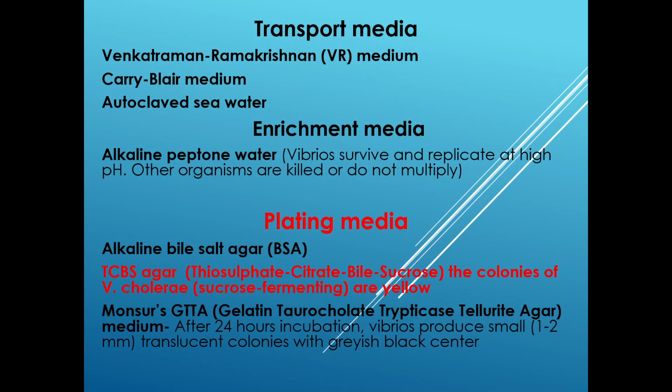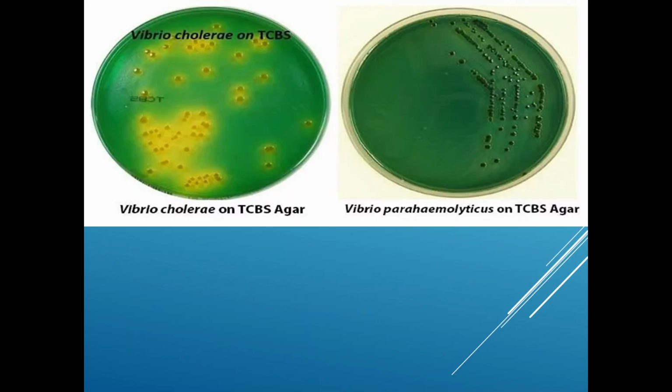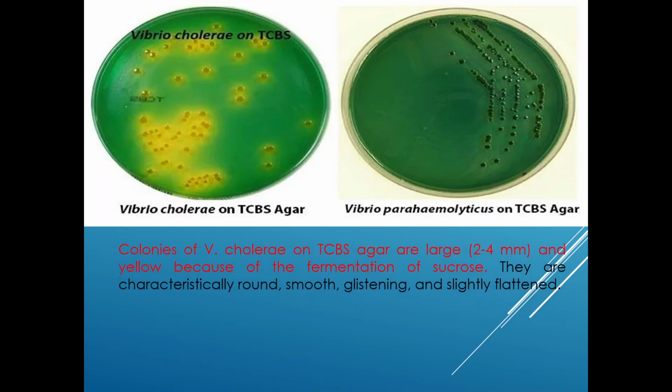For cultivation of Vibrio cholerae, we will also use Mansour's GTTA agar. After 22 hours of incubation, Vibrio produces small 1 to 2 millimeter translucent colonies with a grayish-black center. On the surface of TCBS agar you see yellow colonies of Vibrio cholerae and Vibrio parahaemolyticus.